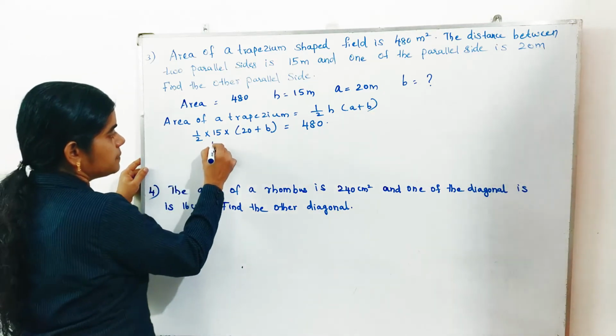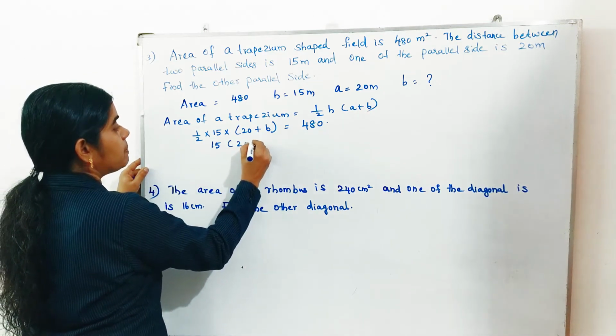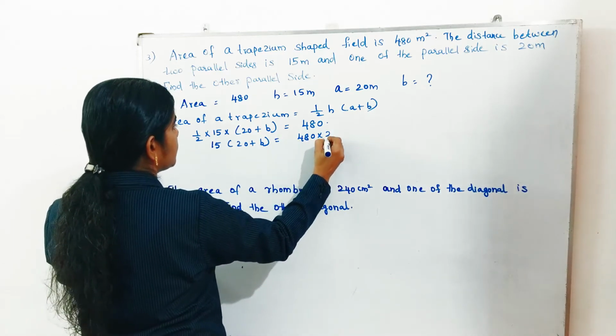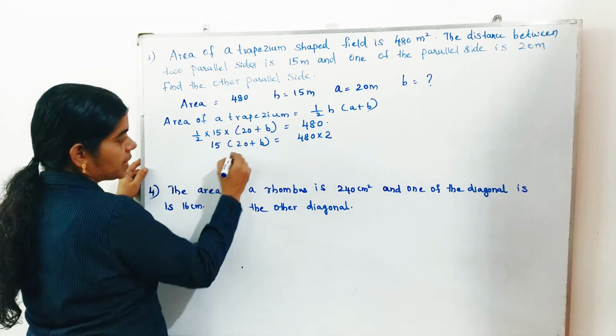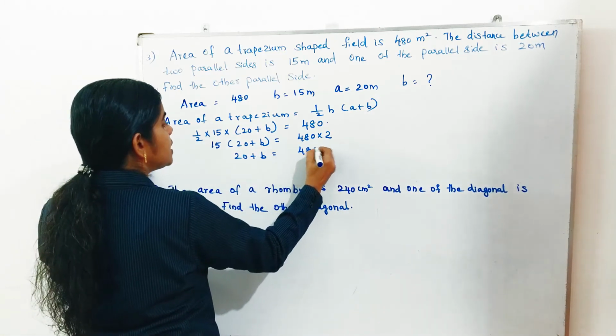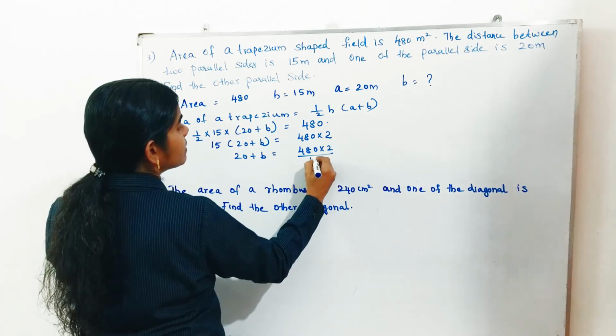Then 15 into 20 plus B is equal to 480 into 2. Then 20 plus B is equal to 480 into 2 divided by 15.